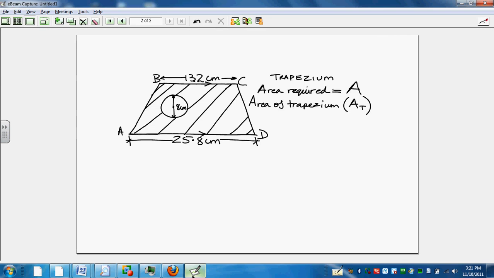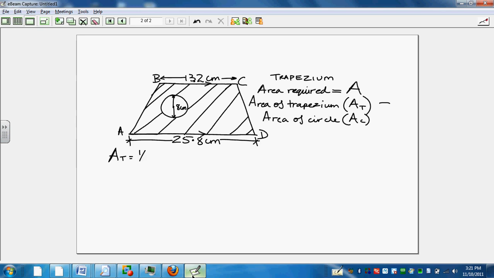And to find the area required, what we'd have to do is find the area of the trapezium and subtract from it the area of the circle. Let's call that AC, right? So we have smaller letters to work with. Instead of having to write area of trapezium over and over again, we could just use AT and AC and A.